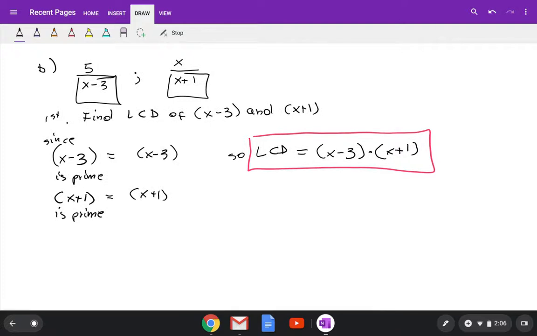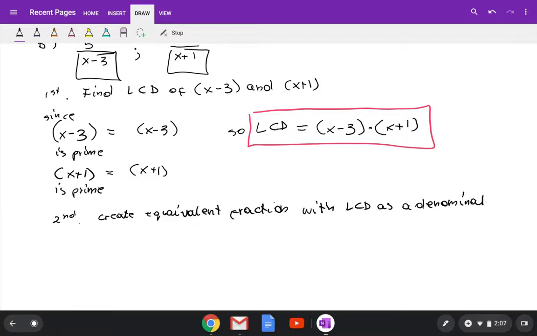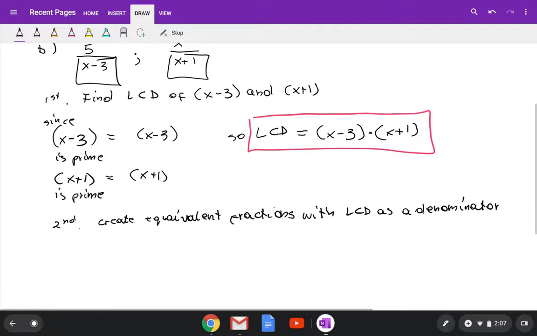Second, we need to create equivalent fractions with the LCD as a denominator, because we have two expressions. So this is what we're going to do. Take the first original fraction, which was 5 over x minus 3.